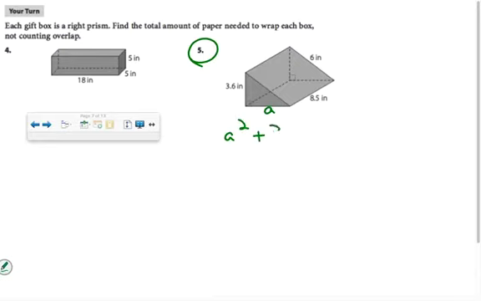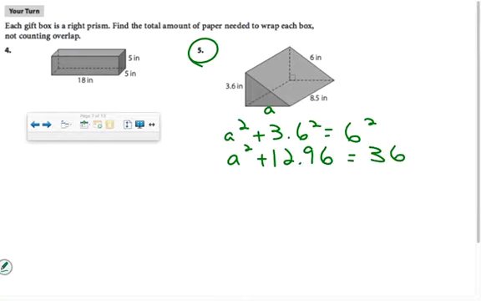A squared plus 3.6 squared equals 6 squared. 3.6 squared is 12.96. 6 squared, of course, is 36. A squared is 36 minus that 12.96, so that's 23.04. Then I take the square root of both sides and get that A is 4.8.